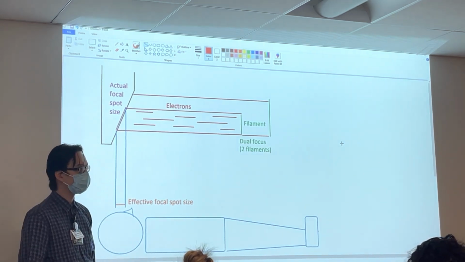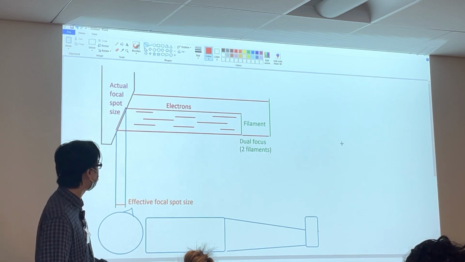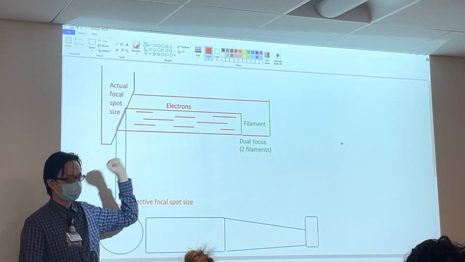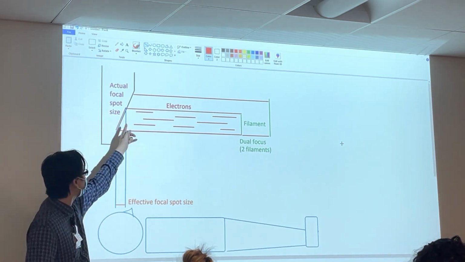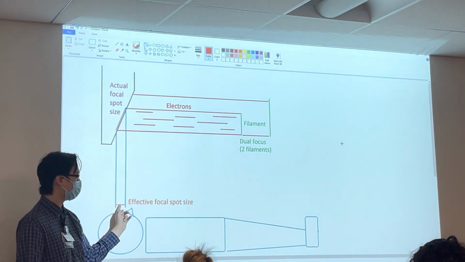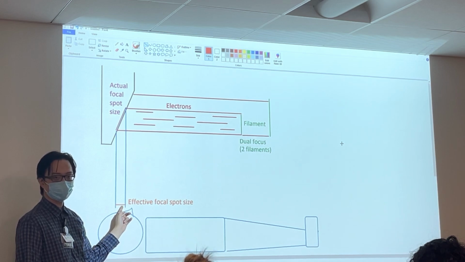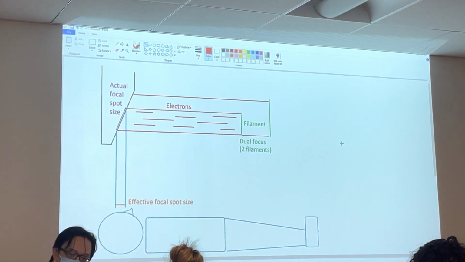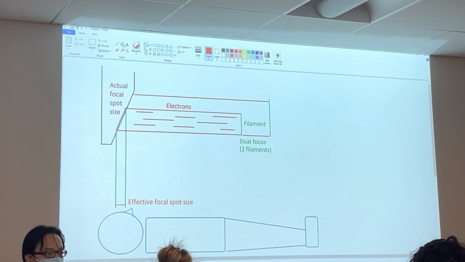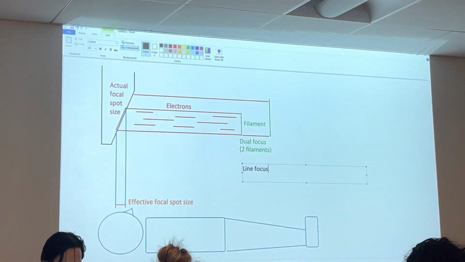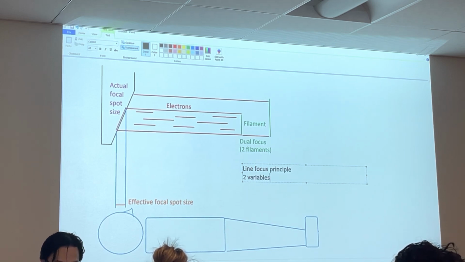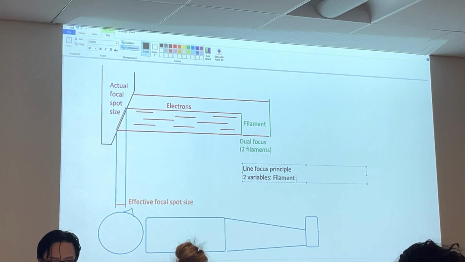You said it's affected by the angle and what? So it's affected by the angle and the size of the filament, which filament you've chosen. So you said the size of the actual focal spot and the size of the effective focal spot is affected by the angle. Correct. So in summary, line focus principle, two variables, which is filament size and anode angle.